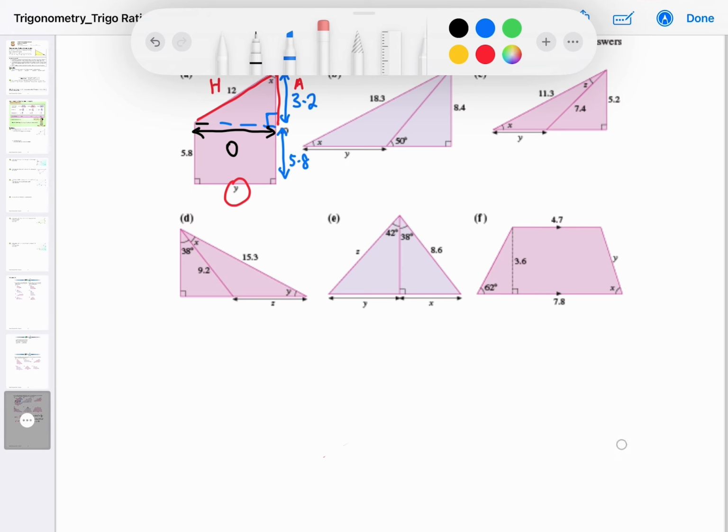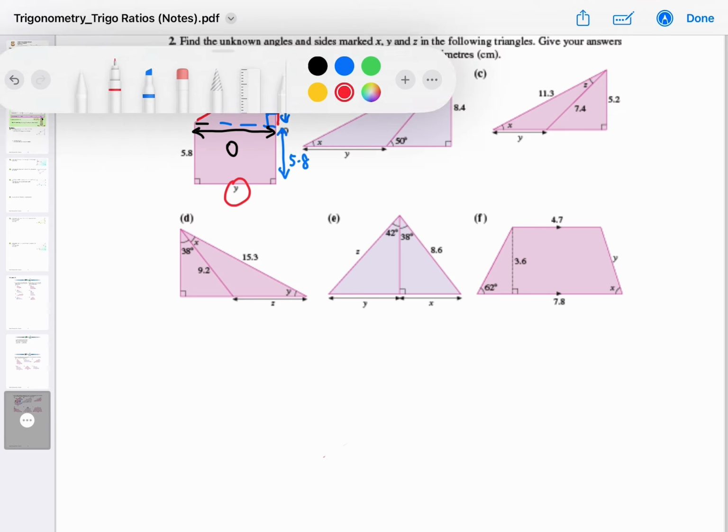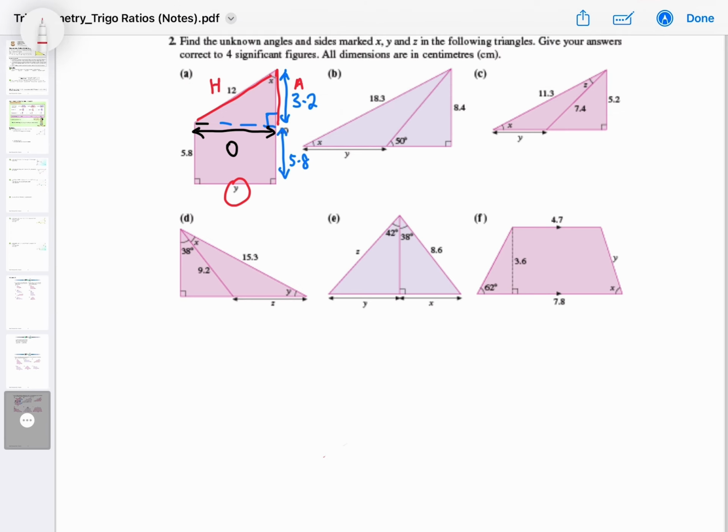For part B, let us take a look at x first. If you see x, x is with the opposite 8.4 and the hypotenuse 18.3.